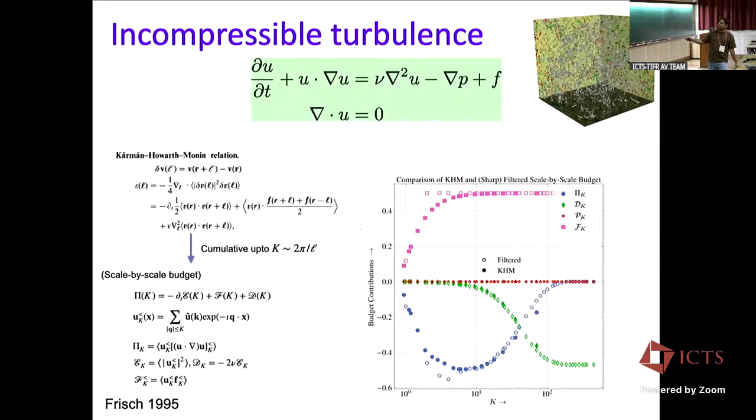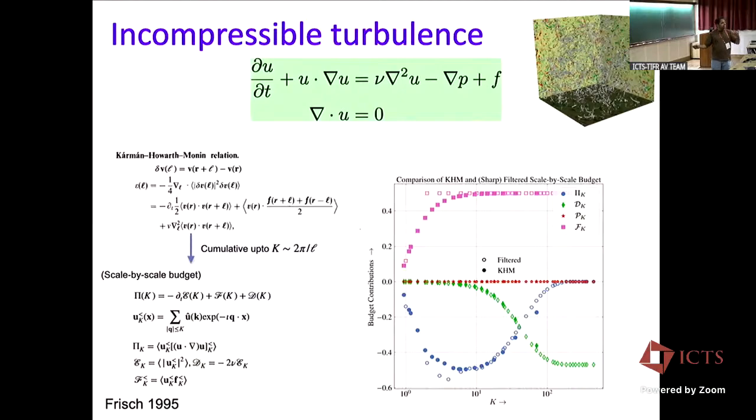If you start from here, you take u of x, multiply it with u of x plus r, and you get the rate of change of kinetic energy up to scale L. This term corresponds to injection, this term corresponds to dissipation, and this is the nonlinear flux. All right, this is the famous Kármán-Howarth-Monin relation.